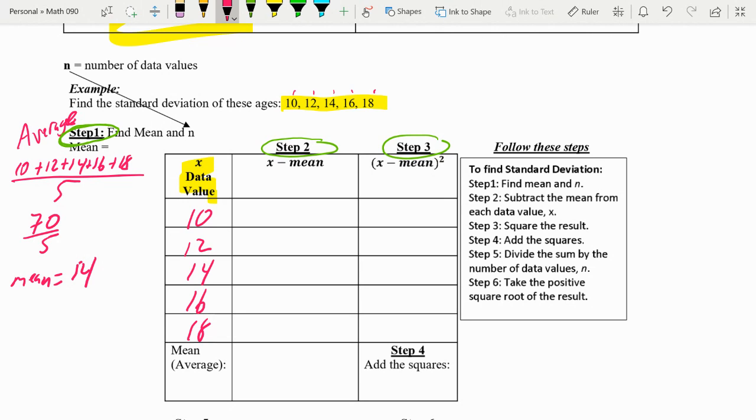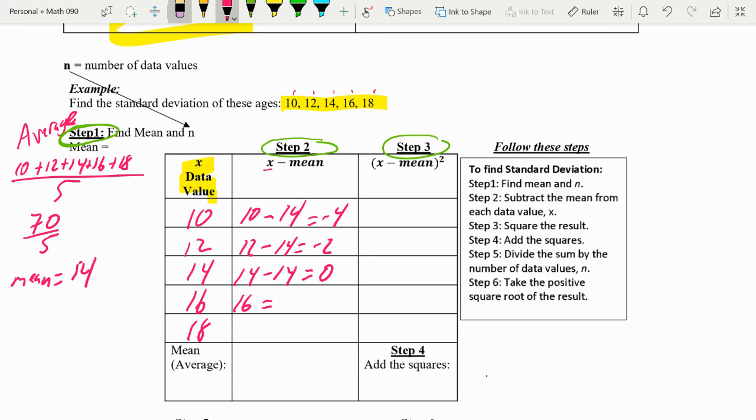Now, step two is telling us to figure out x minus the mean. So x is 10, minus the mean, or the average, which is 14. That gives us negative 4. We're going to do that with each one here. It doesn't matter if you end up with a negative or not, because in a second you'll see that.